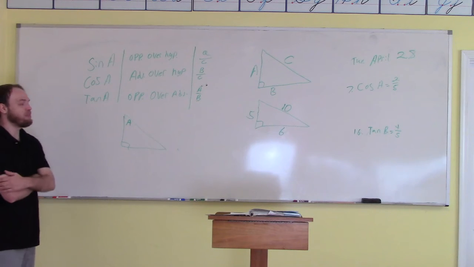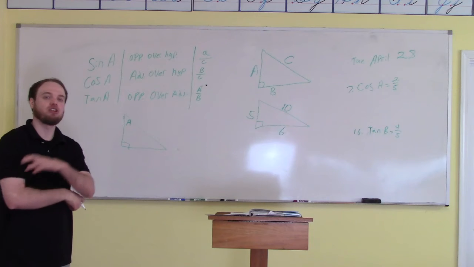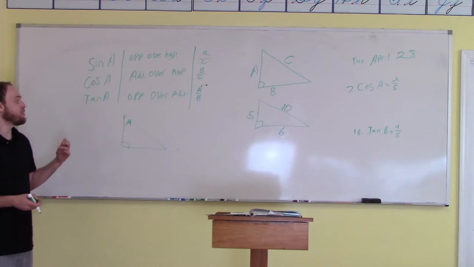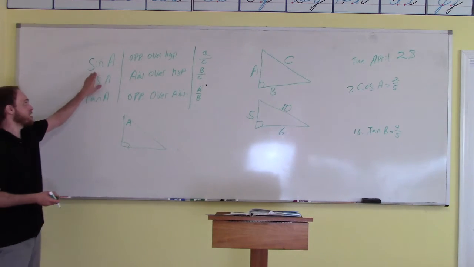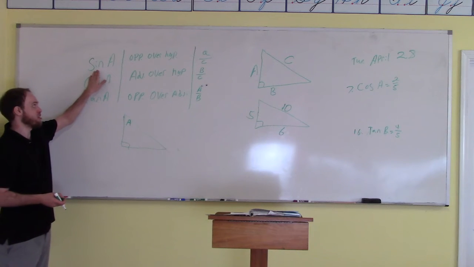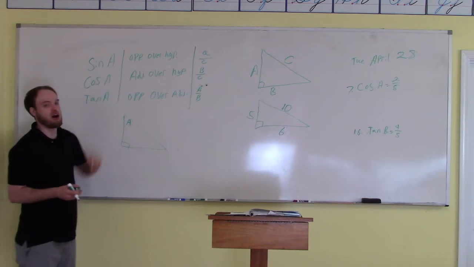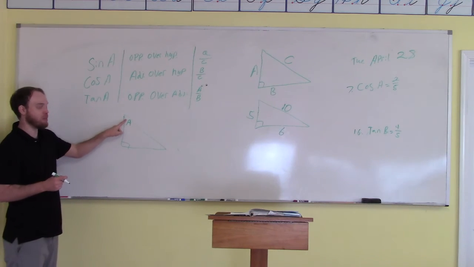The first type is the sine of A. And so the sine of A is going to look at the triangle, and it's going to compare the opposite side of angle A over the hypotenuse. The sine of angle A is written sine, and then the A, and it's the opposite over the hypotenuse. So if you look at the triangle I have on the board, I put angle A up at the top.